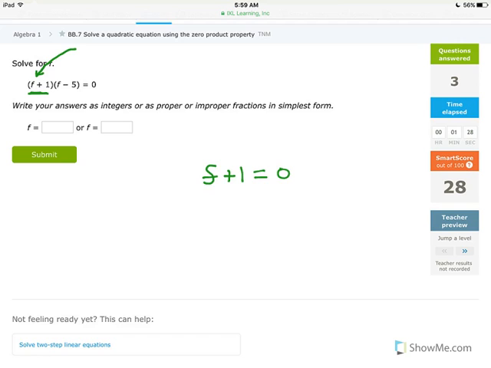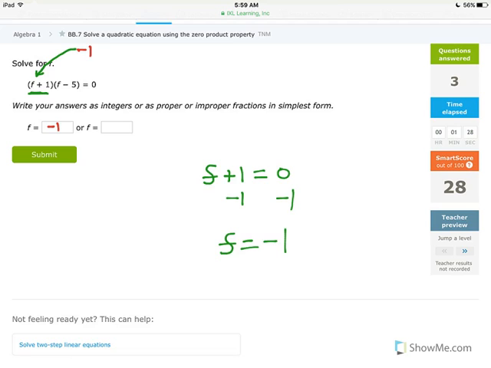Notice if you solve this, subtract 1 from both sides, f would have to be negative 1. You don't have to do the equation solving like this if you can do it in your head. A lot of people can look at this and just say, okay, if I had a negative 1 here, negative 1 plus 1 is the 0 that I need, so that would be negative 1.